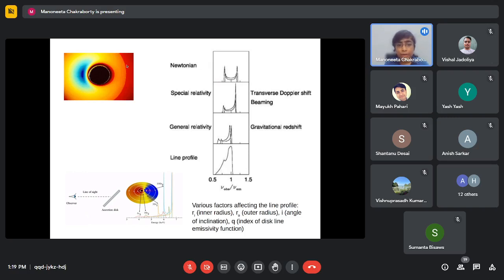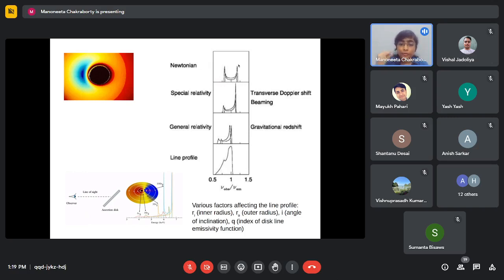The line emission from the part of the disk that is going away from you will be Doppler shifted according to the velocity, or redshifted. And the part that is going towards you will be blueshifted. So therefore, it will give you a horn profile.